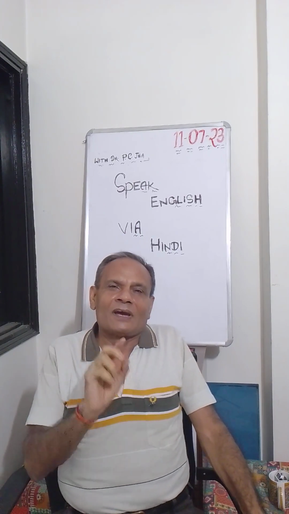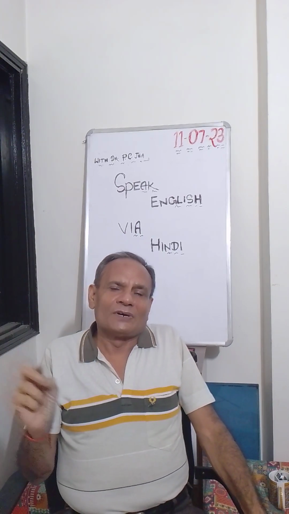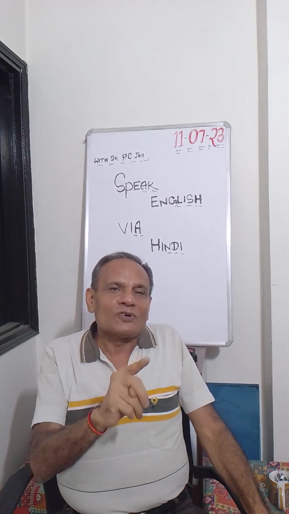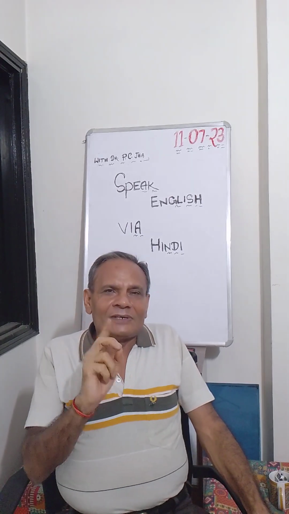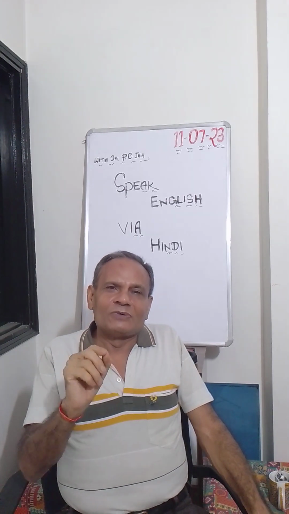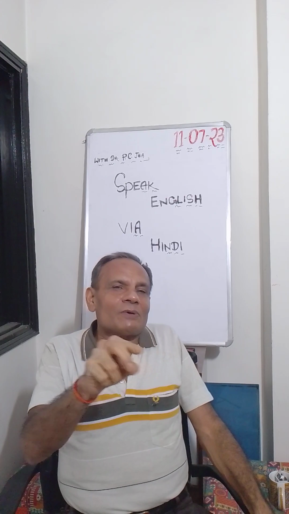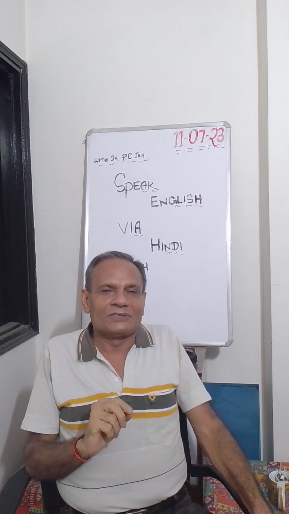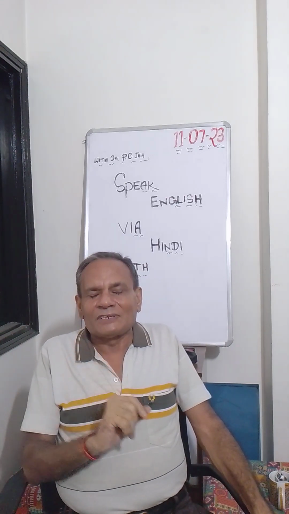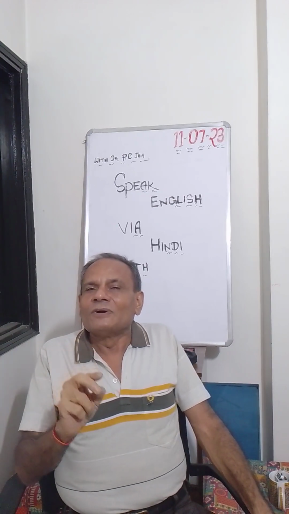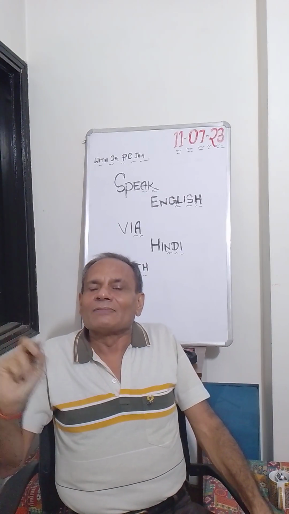For example, you take hour, H-O-U-R. It begins with a consonant but the sound is a vowel, it is O, so it will be an hour. Sometimes you see university. It is U, no question it is a vowel, but the sound is 'yoo', so it will be a university. But on the other hand, when we talk about umbrella, it also begins with U but the sound is a vowel, so it will be an umbrella.